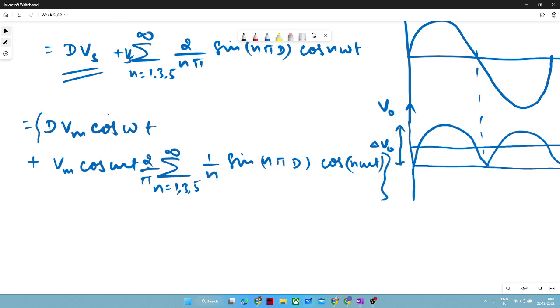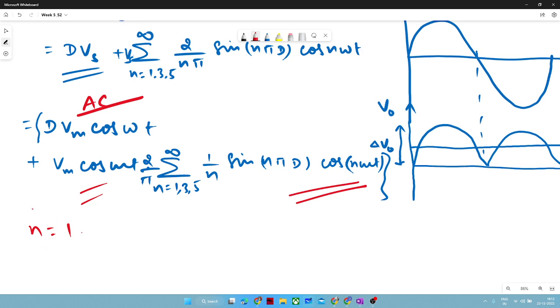So this is an AC component here. These are also cosine functions, so these are also AC. So you will get DC for a particular condition, and that condition is when n is equal to 1.